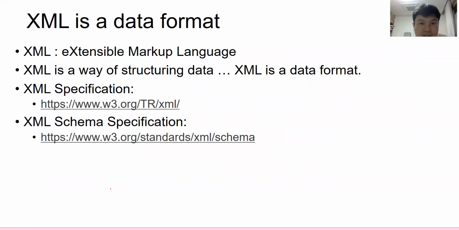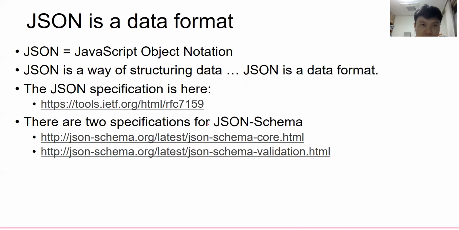We call this XML. XML is a data format, and it is a way to structure the data. And you can see the specification. There are two, so you can access this one and this one to see the specification. JSON is also another data format. We call it JavaScript Object Notation.